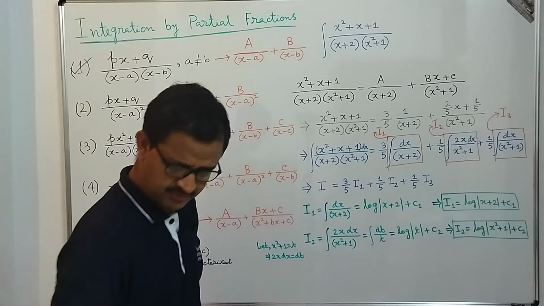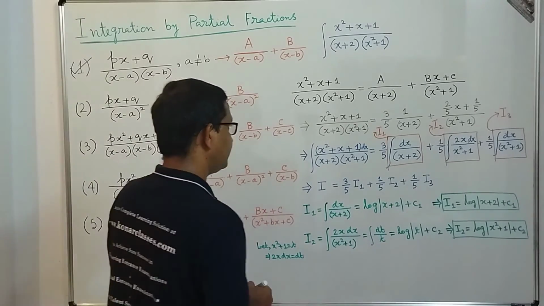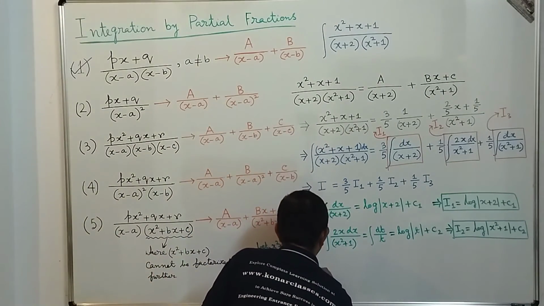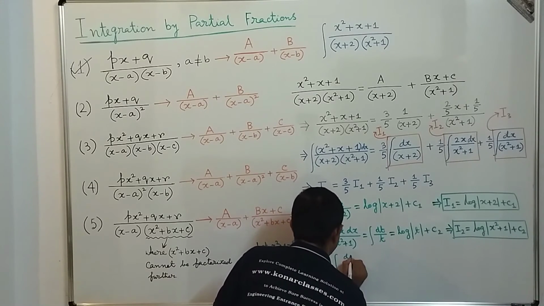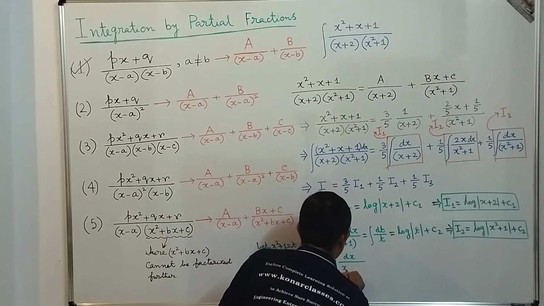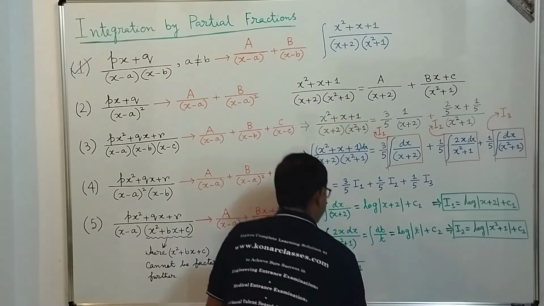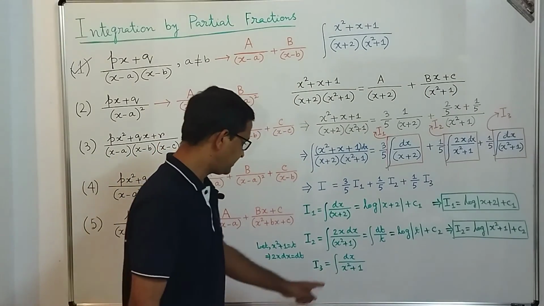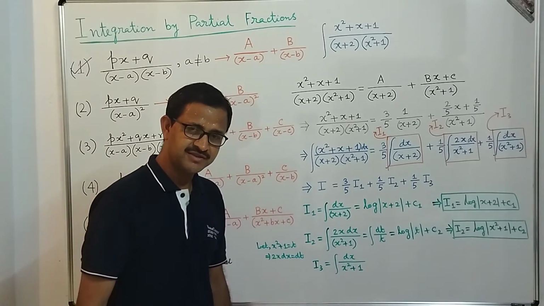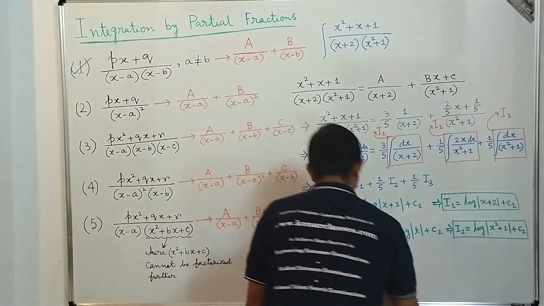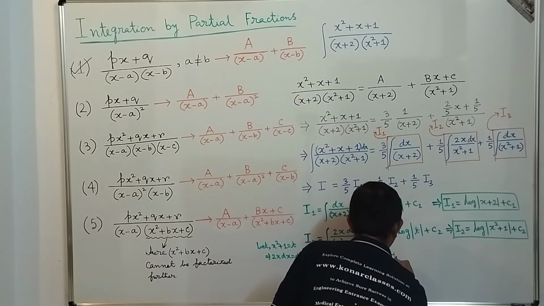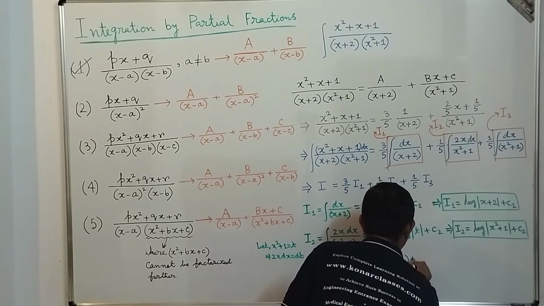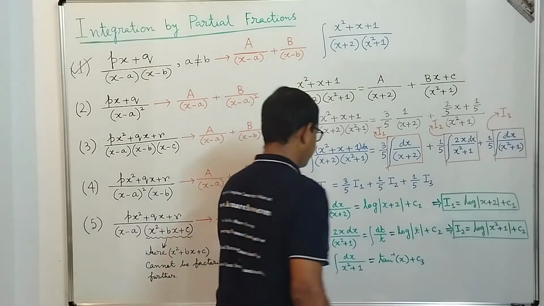So what is I3? I3 is equal to integration dx by x square plus 1. Dear students, if you recall the integration of dx by x square plus a square, from here you can write that is equal to tan inverse x plus integrating constant c3.